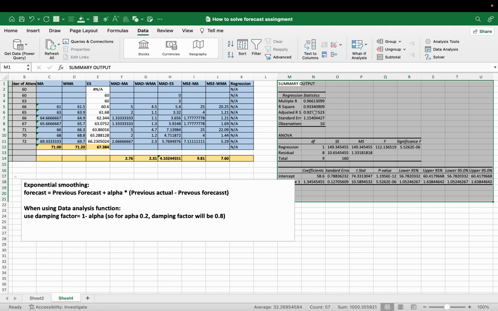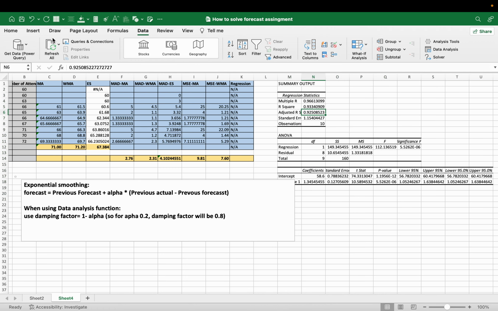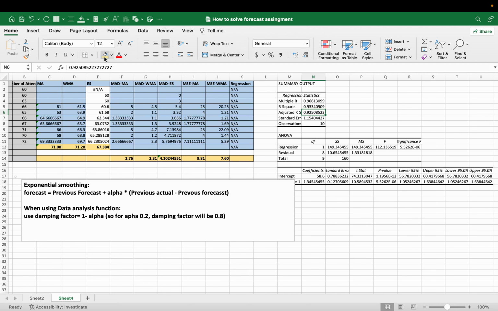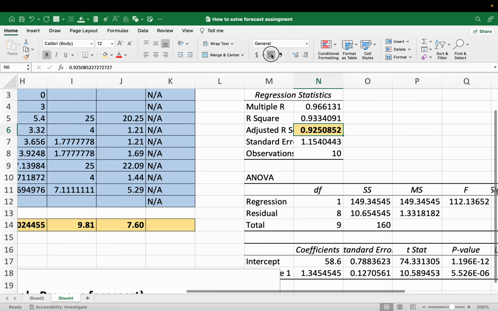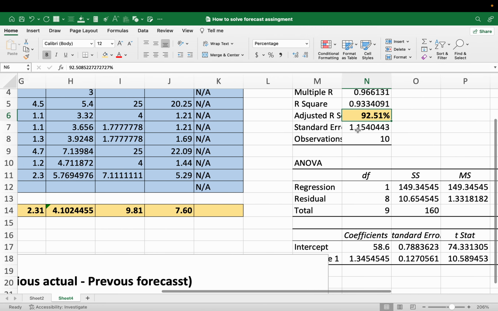Now there are many things here, but the most important thing that we need is this one, and that is adjusted R square, and I will convert it into percentage by clicking on this one and expand to two decimal places. So it shows that it's 92.51. So that is our r square.